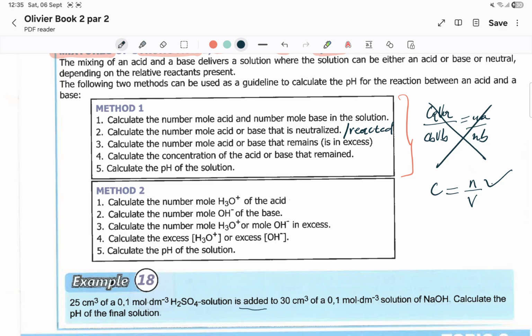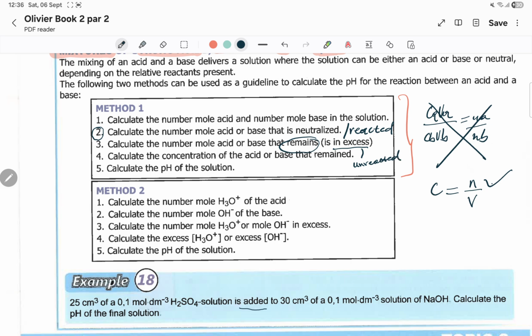Before we can get there, I'll show you something. Step 3: calculate the moles of acid or base that remain in excess. This one will remain, which is in excess or unreacted.